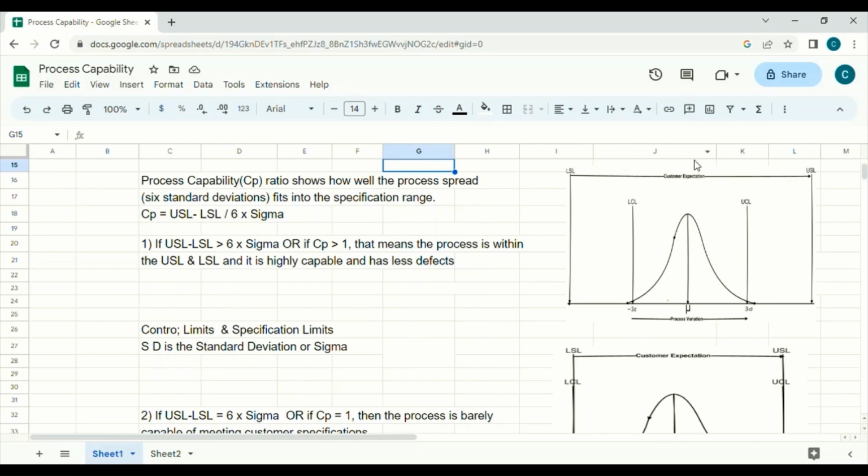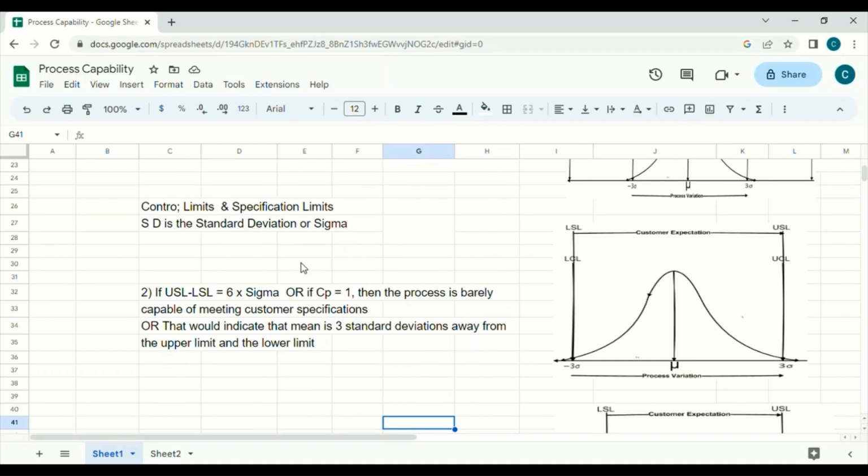USL, LSL is the specification limit and UCL, LCL is the control limit. The difference between the two is that control limits are calculated from the process data and the specification limit is given by the customer. So this is the difference between control limits and specification limit.